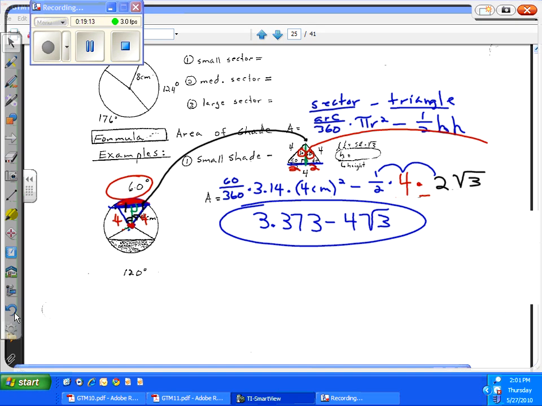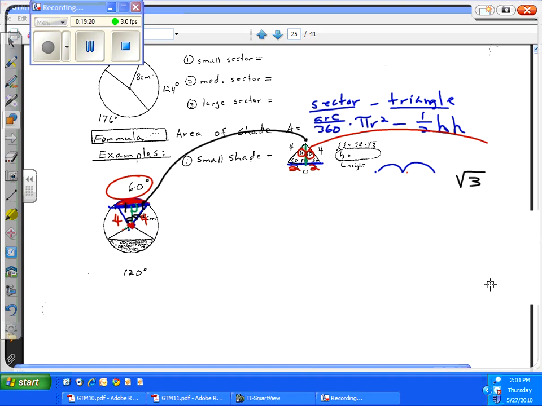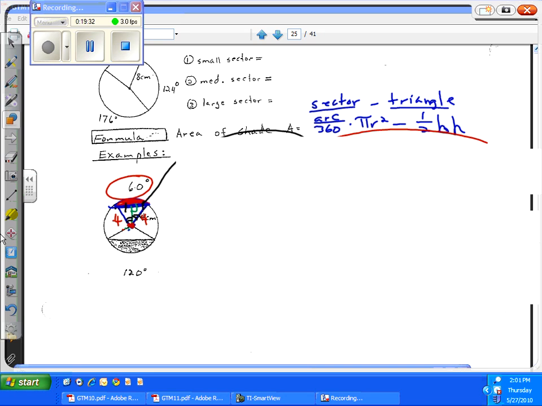We want the area of the larger shaded region.